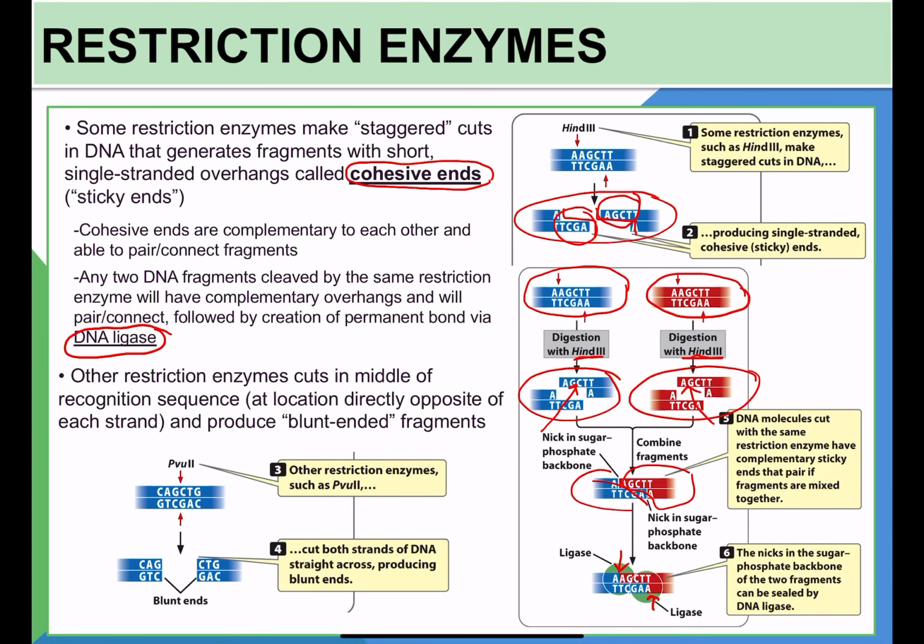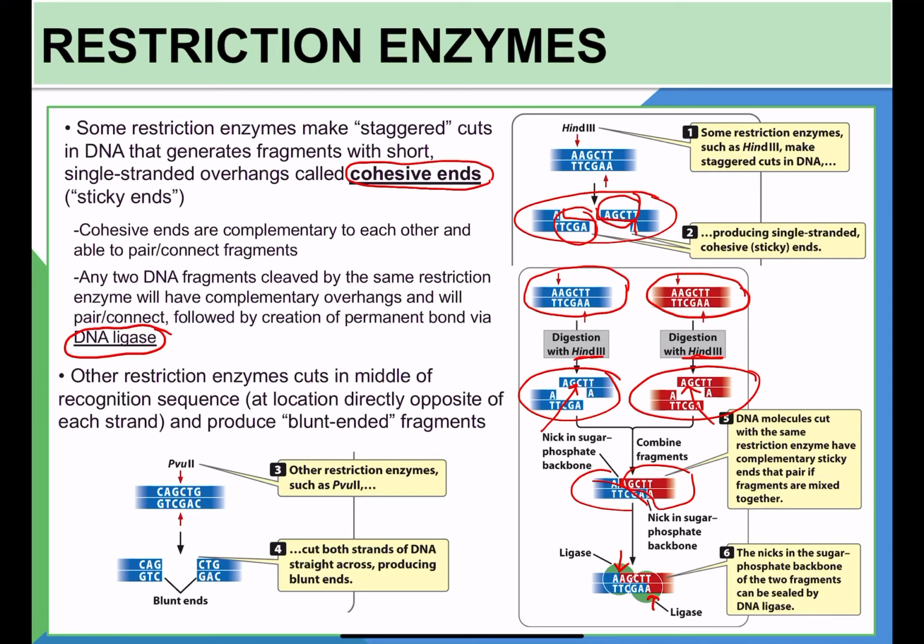This is what we call an enzyme that creates blunt end fragments instead of cohesive ends, because they don't have those single-stranded overhangs like the cohesive ends, but they cut right in the middle and you have two blunt ends, the fragments that are created.